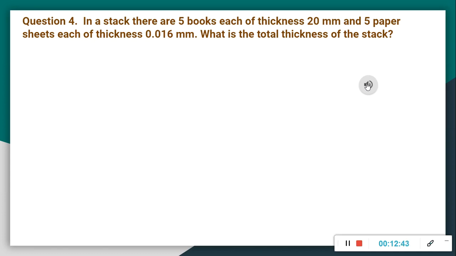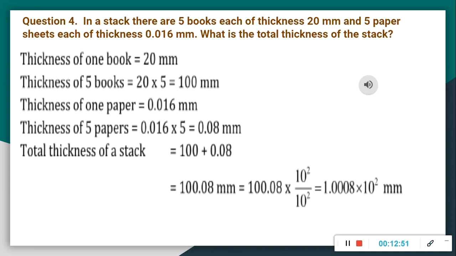Same way, each sheet thickness is given, so we have to find the thickness of 5 papers. First see, thickness of one book is 20 millimeter. So thickness of 5 books is equal to 20 into 5, that is 100 mm. Thickness of one paper is 0.016 mm. So thickness of 5 papers is equal to 0.016 into 5, that is 0.08 millimeter.